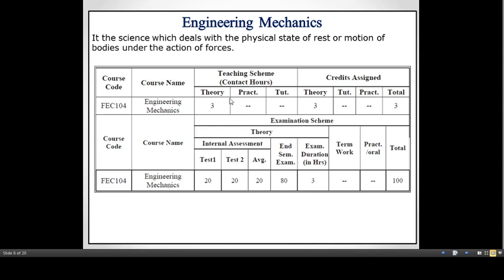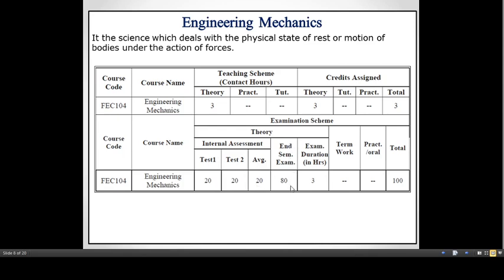Now, for this subject, 3 hours are allotted per week. So what's about the weightage given for this subject in terms of marks? For the first test and second test, 20 marks is taken. We are going to take the average of these two tests.